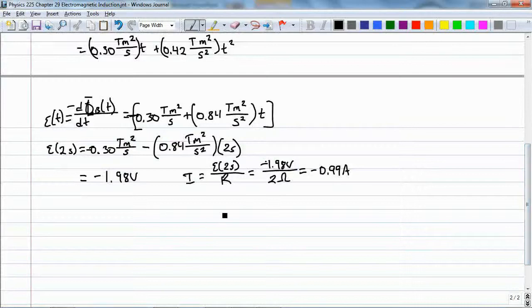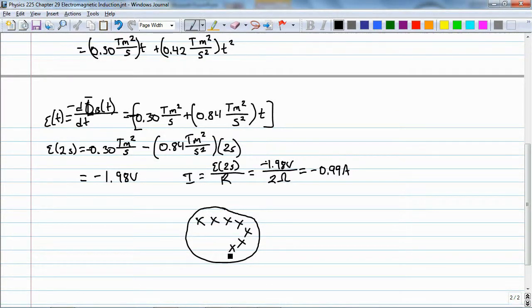So if I'm looking at a coil so that the magnetic field's going into the page, then if I put my fingers in the direction of the field down here, my fingers go through the field, my thumb's going to point in this direction.